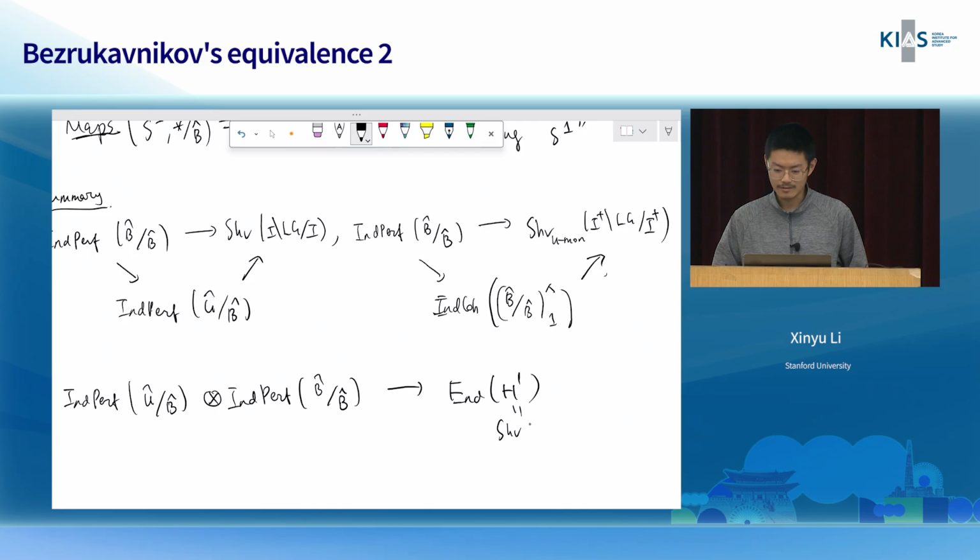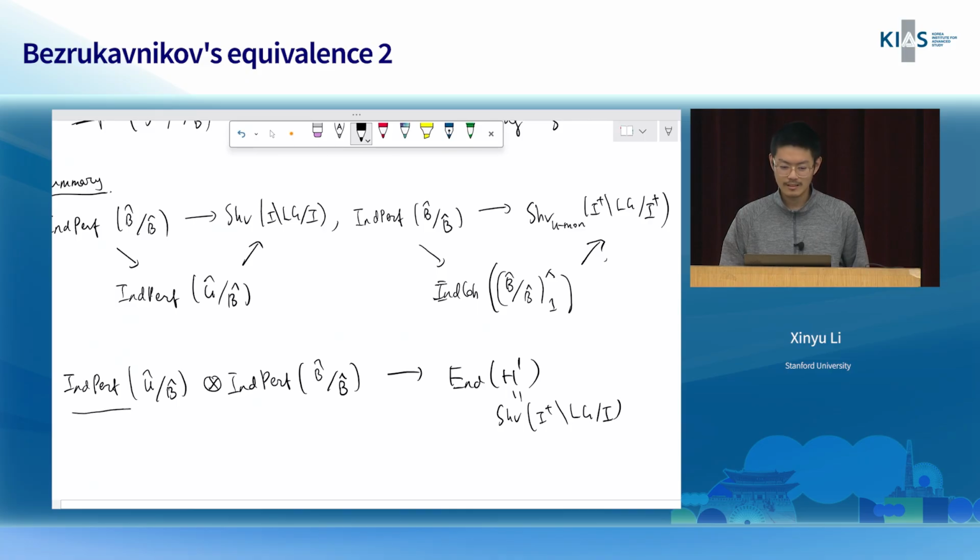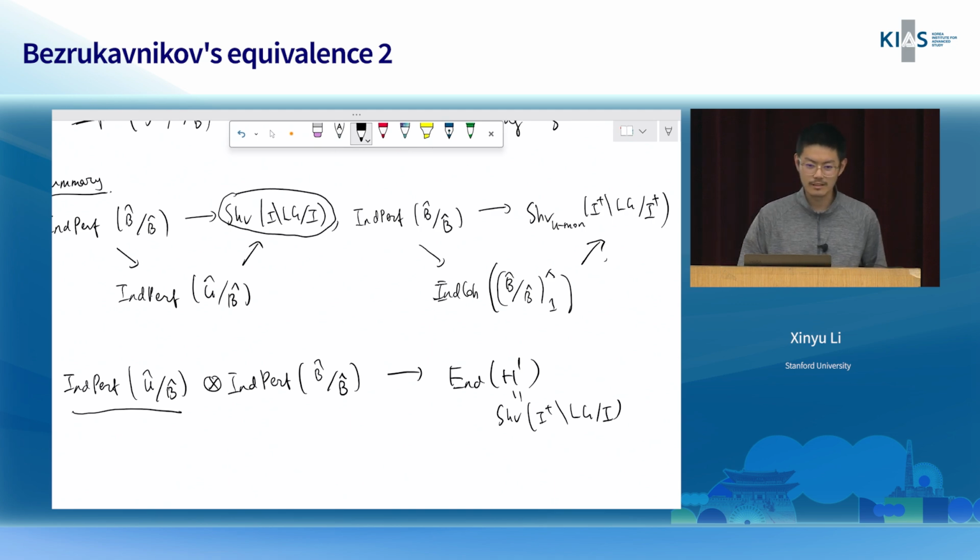So it's sheaves on I plus mod LG mod I. How do I do that? So for the first factor, I first map it to this unipotent, to this equivariant version of the Hecke stack. Okay, I probably change the order.